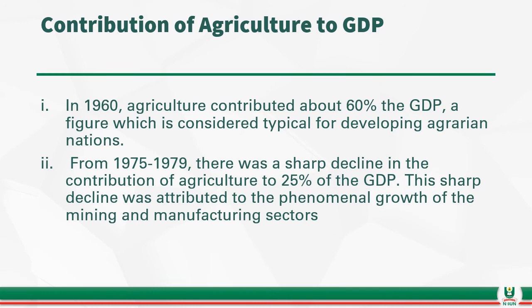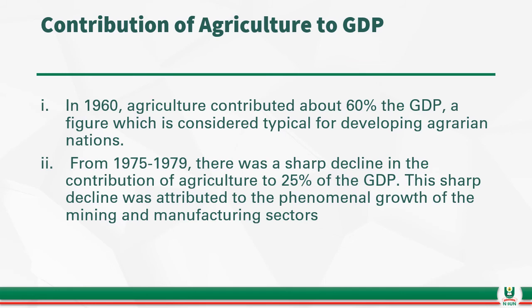Also, how did agriculture contribute to the GDP, the gross domestic product of the nation? In 1960, agriculture contributed 60% to the GDP, considering the fact that Nigeria is an agrarian nation.